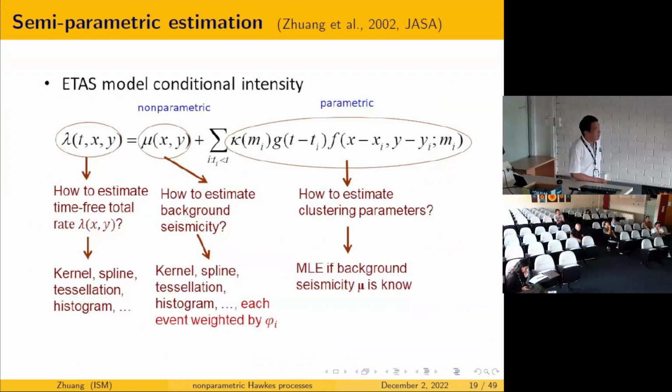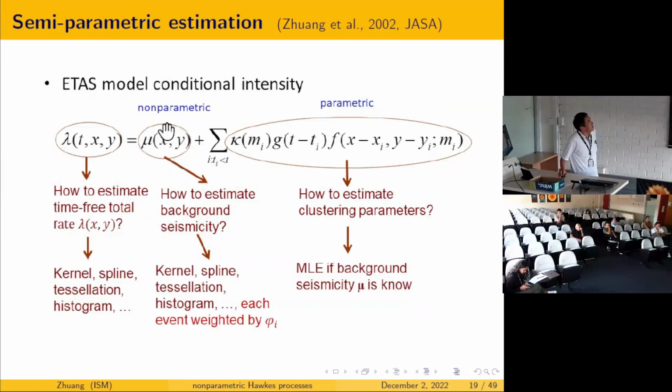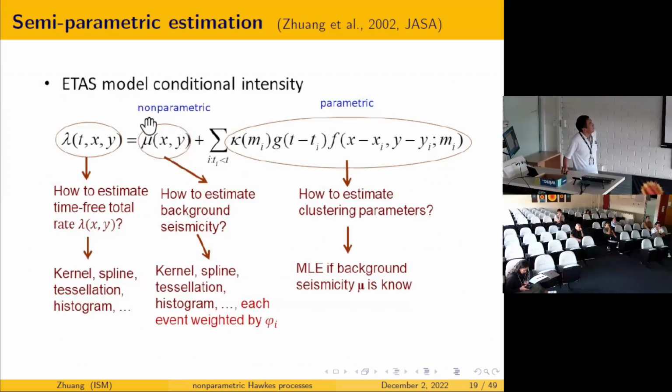So in our estimation, we have some properties here. This mu here is a function, and we do not know the mathematical form of this function, so we have to do something nonparametric to estimate it.